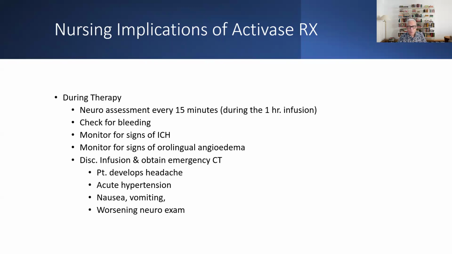So that's the reason why it is important that you perform a neurological assessment every 15 minutes. Then, due to the risk of bleeding, you need to make sure that you check for bleeding. Any signs of bleeding have got to be reported right away to the physician, and monitor for signs of increased intracranial pressure, or ICH, or intracranial hemorrhage.